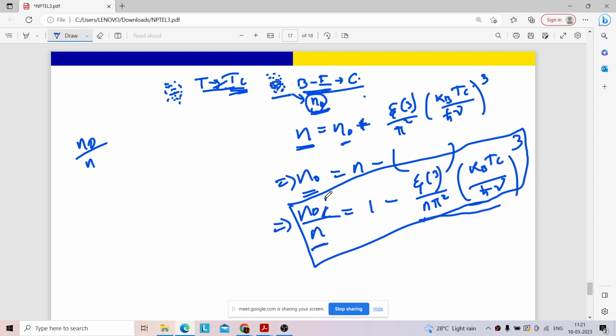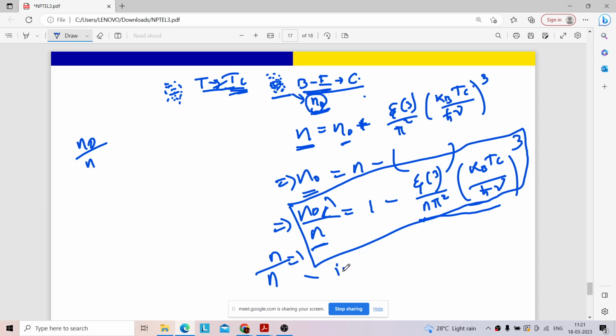So if n0 is the number of particles which are not condensated, this ratio shows the number of particles which are not condensated. Total number of particles is n, right? So we'll have n over n as 1. So some fractions are not condensated.